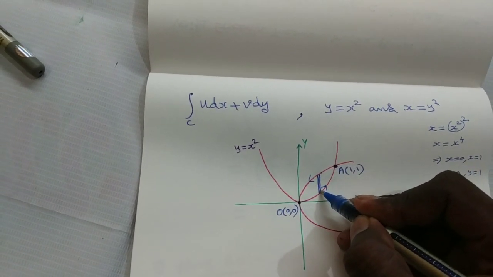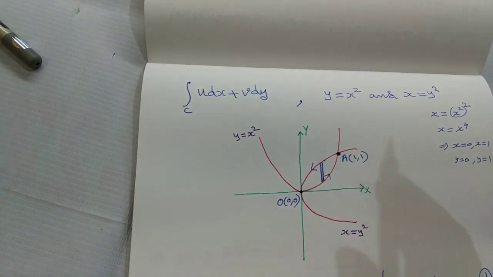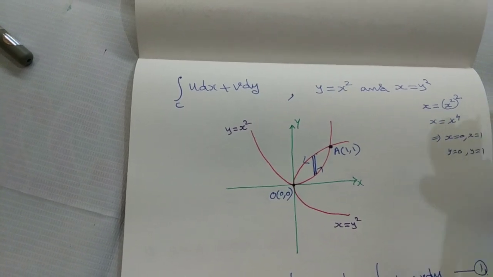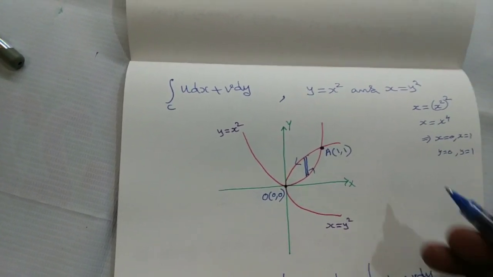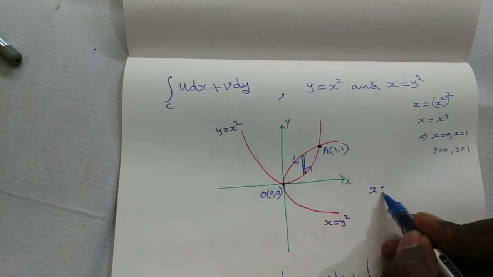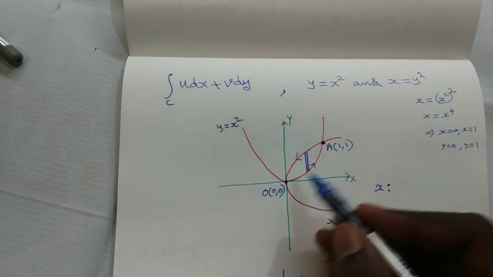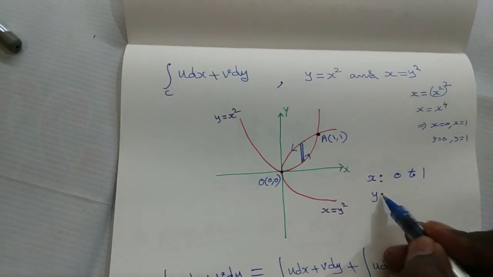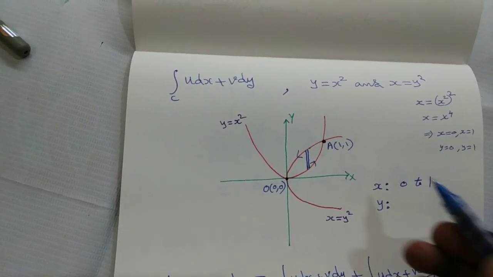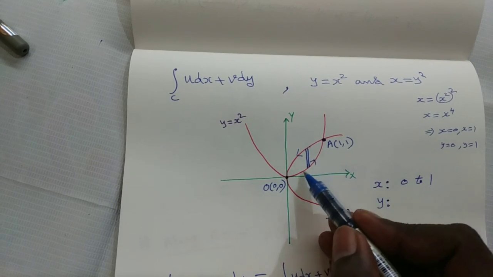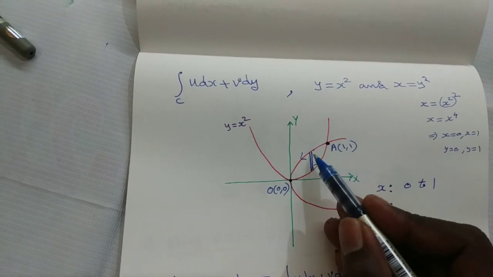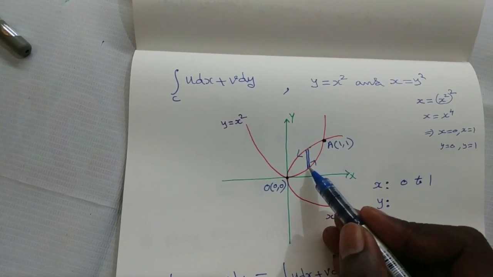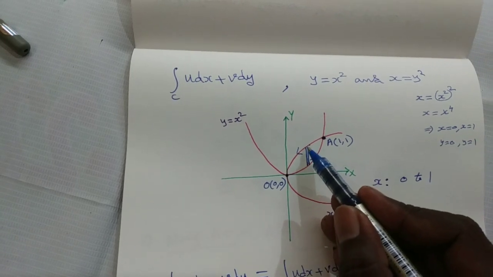If I am choosing a vertical strip, the y limit must be variable and the x limit is constant. So here the x limit is constant, 0 to 1, and the y limit is variable. Y limit variable means it starts from this parabola, and this strip ends with this parabola.